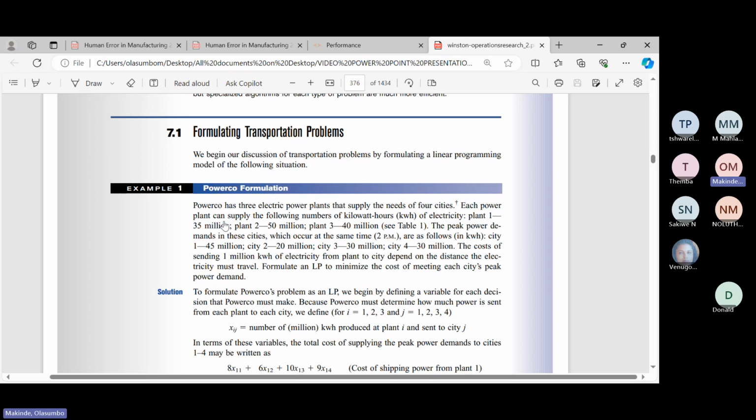We read the scenario quickly. The first scenario is saying Powerco has 3 electric power plants that supply the needs of 4 cities. Let me also relate this scenario: it's more like you have different power plants supplying various cities in maybe Gauteng.